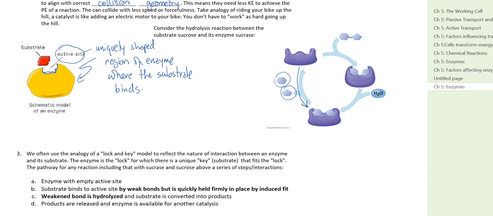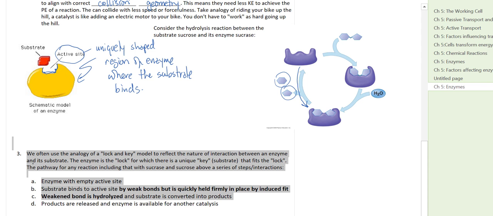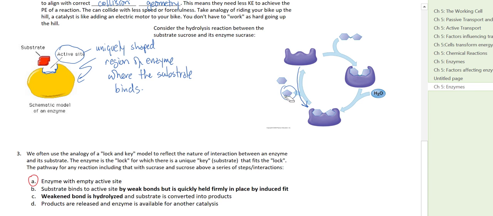There is a sequence of steps to any enzyme catalyzed reaction. And these are described here below. So you have the stages, we can look up above here. So I'll just letter these in the same way as it's shown here. You've got A, enzyme with active site empty. So that's up here.